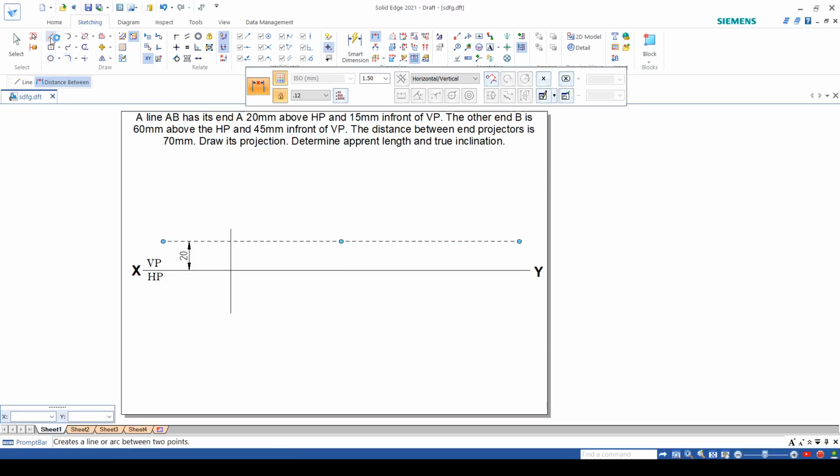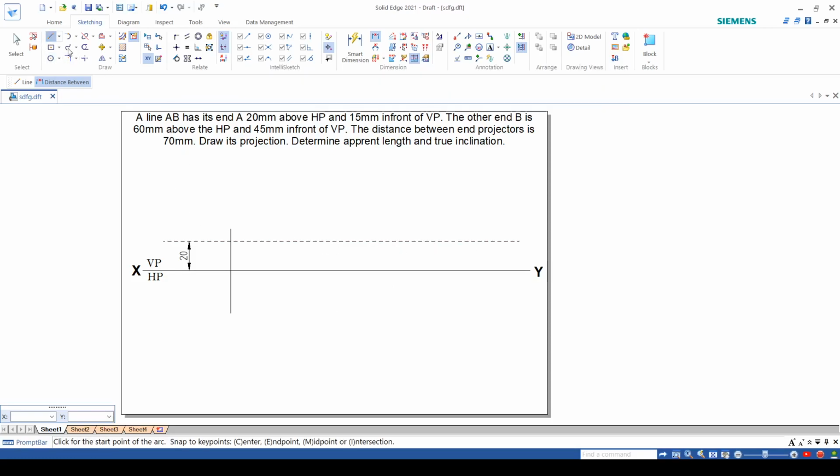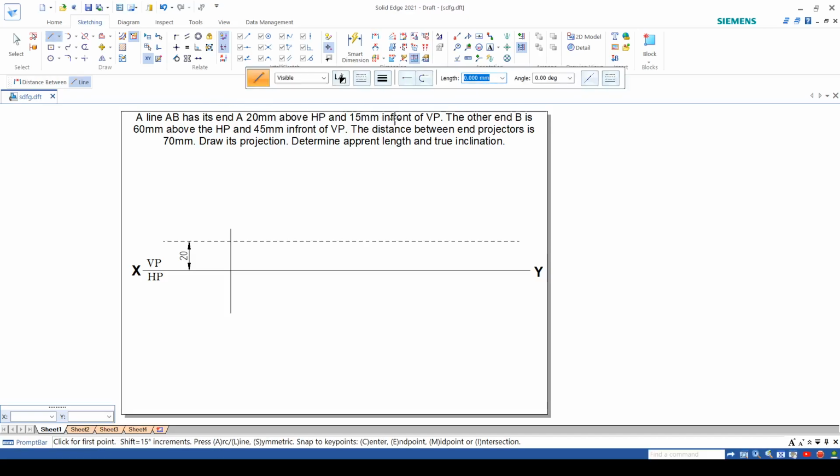Now we take another dotted line which would be 15 mm in front of VP, so in front of VP would be this side. In copy you would make a 15 mm distance from here on this line, cut an arc from here to here, then create a straight line.